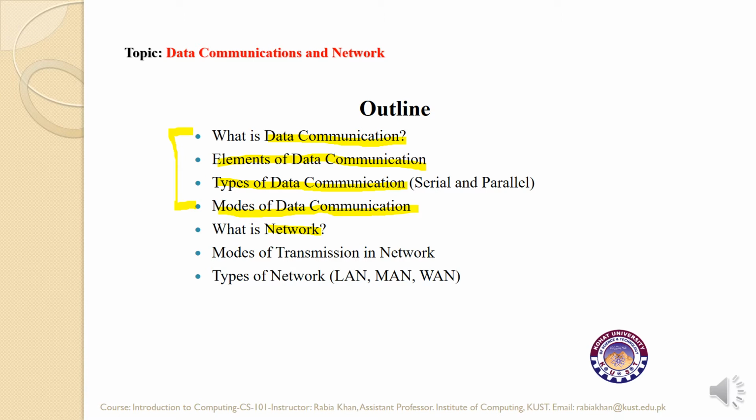We discussed 4 different elements, in which there were computers or electronic devices that would act as sender, receiver, and the data forwarding devices. Then there must be the communication media, either wired or unwired.